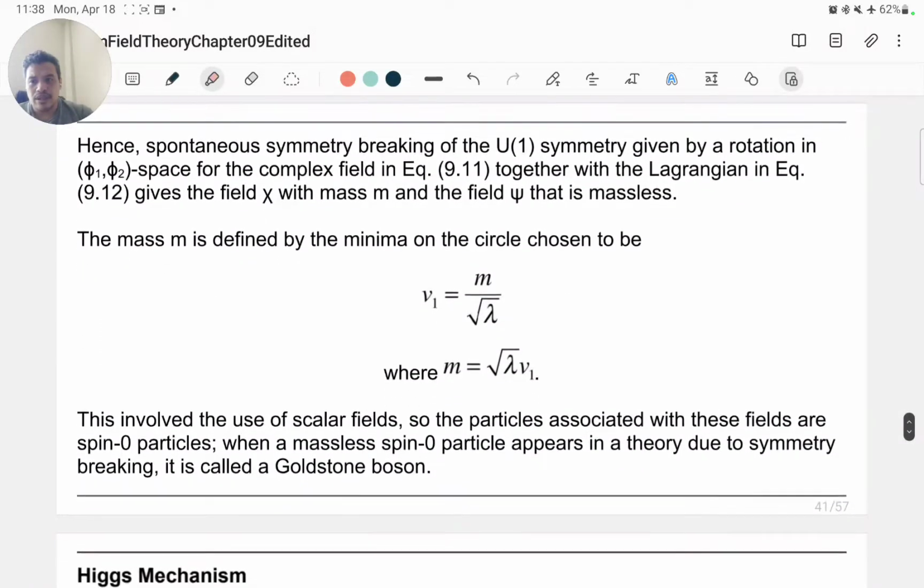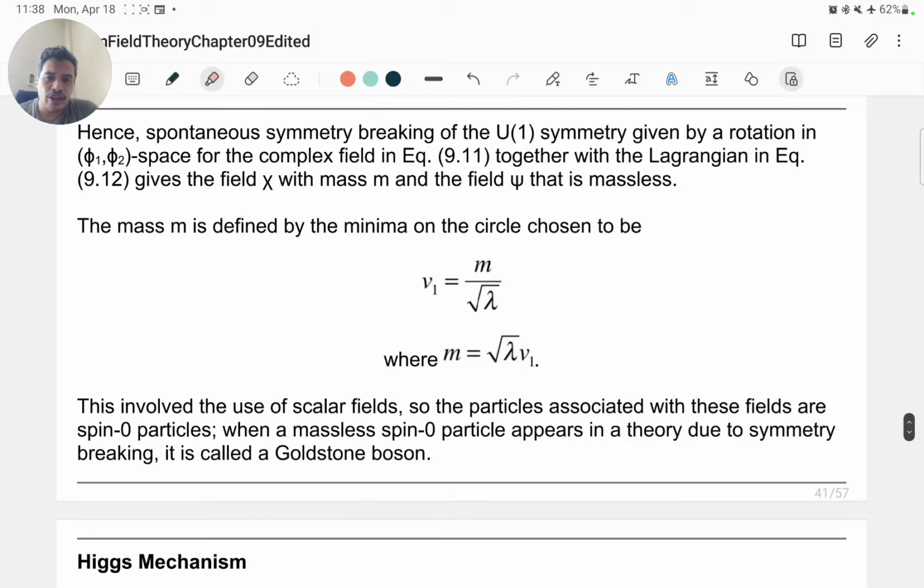So as a conclusion, the spontaneous symmetry breaking of the U1 symmetry given by a rotation in phi 1, phi 2 space for the complex field that was given in equation 9.11, together with the Lagrangian in equation 9.12, gives the field chi with a mass m and the field psi with zero mass.